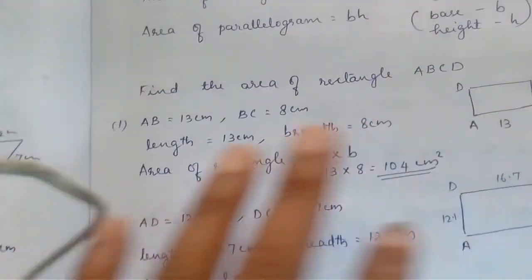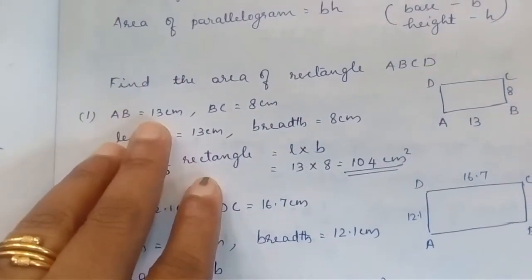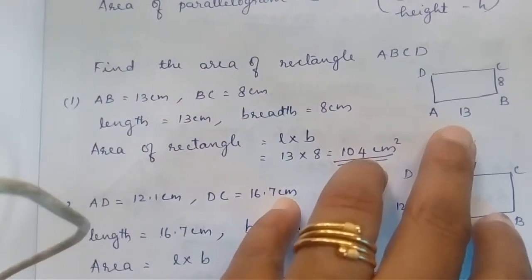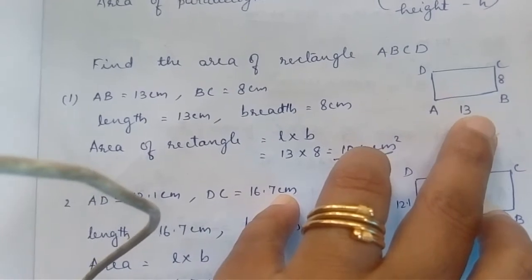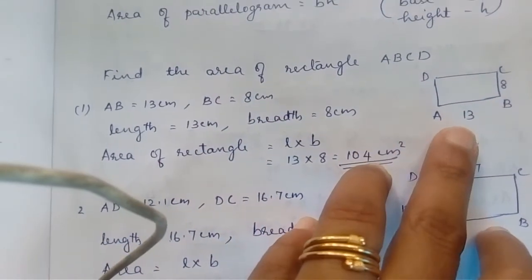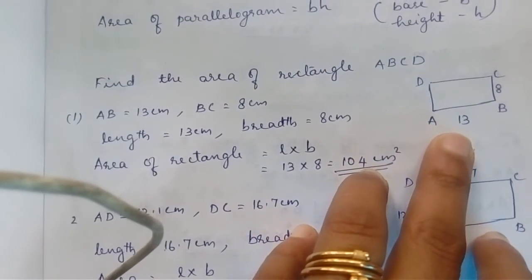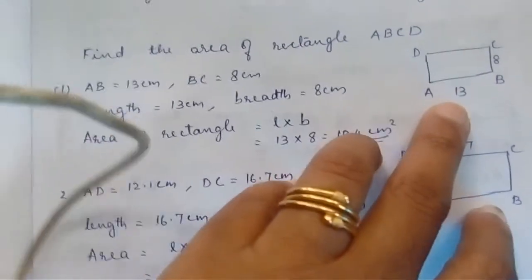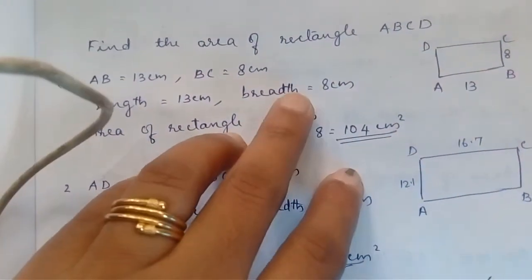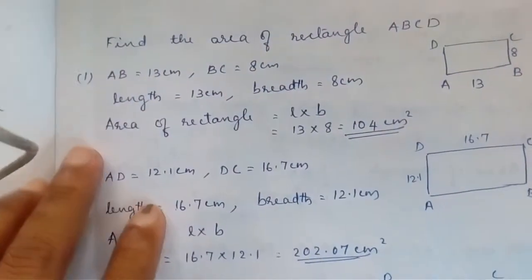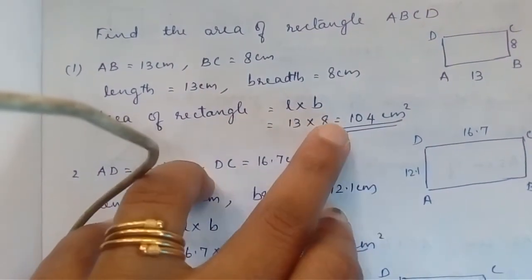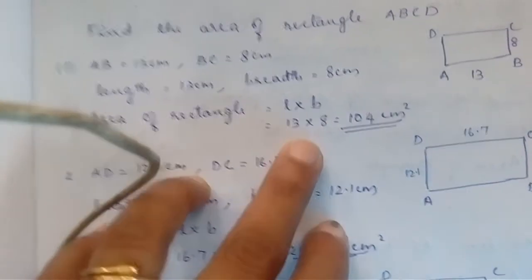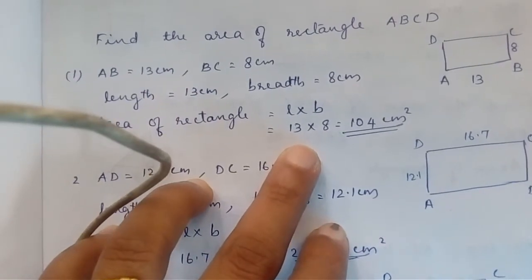Find the area of rectangle ABCD. In that AB equal to 13 cm, BC equal to 8 cm. You see, roughly I draw one rectangle and marked the sides. Here 13, we know it is the longest side, so it can be the length and the shorter one is the breadth. So area of rectangle is equal to length into breadth, L into B. In that directly you can give the values 13 into 8.